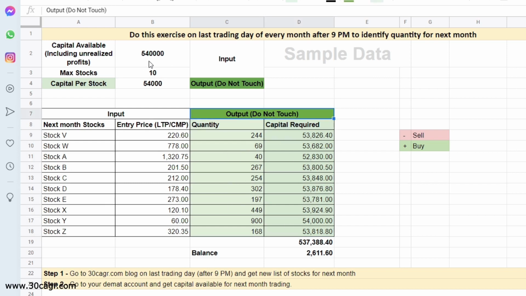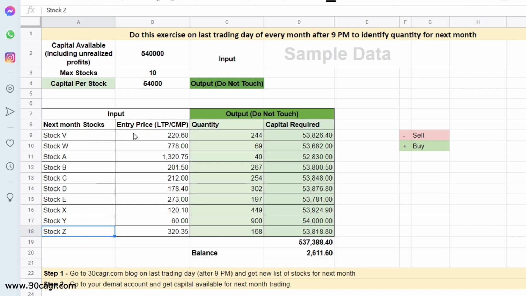All right, now we have entered two inputs. First is the capital, second is the maximum stocks. Now, the third is next month stocks. As I said, you can simply go to my blog and get all these 10 stocks and copy paste them here. The fourth and last input that we have to enter is LTP, which is last traded price, or CMP, which is current market price, which is nothing but the closing price of these stocks on the last trading day.